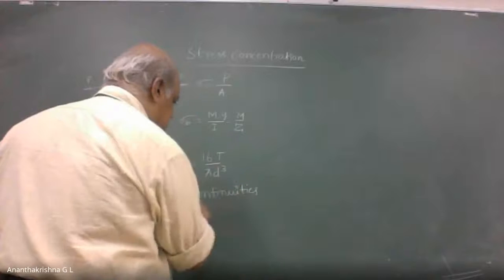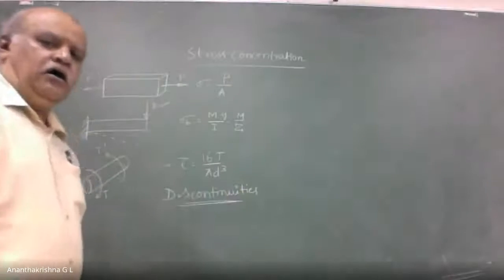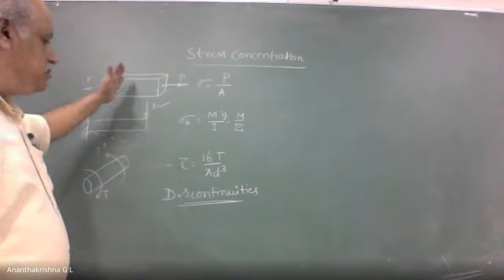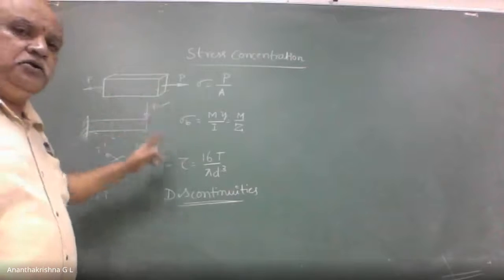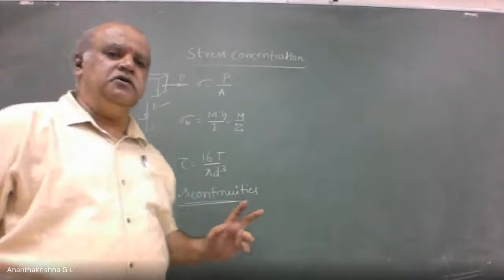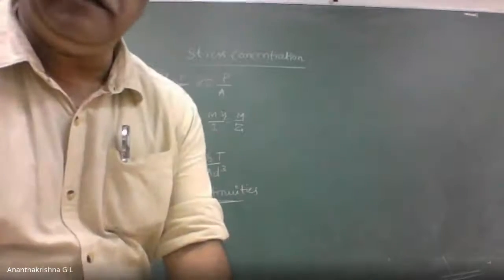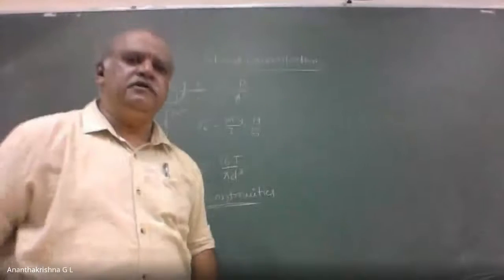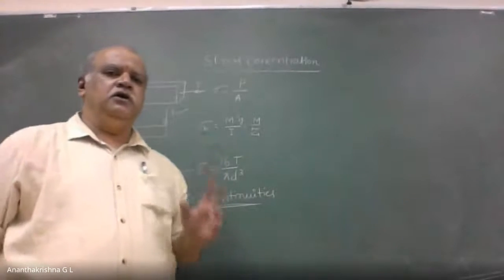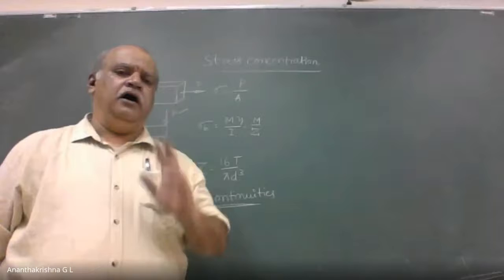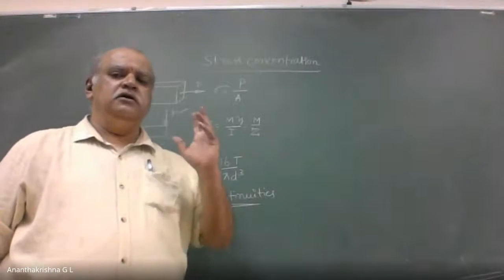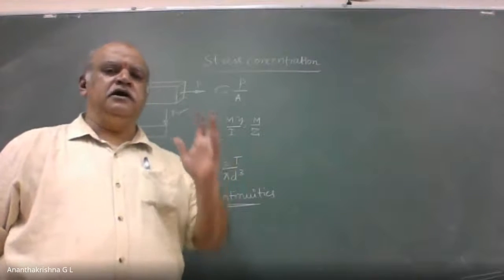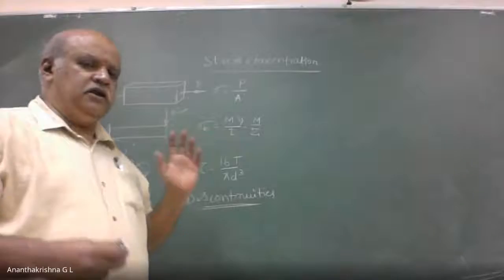This is very important. All along, we have been taking problems which had no discontinuities. What can the discontinuities be? Discontinuities can be in the form of the presence of a notch, a hole, an oil hole, a slot, keyways, and a sudden decrease in diameter, and so on.